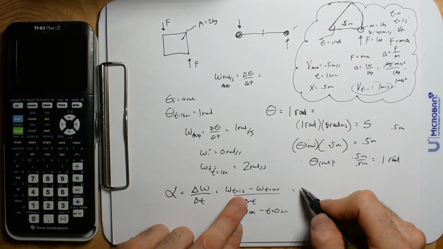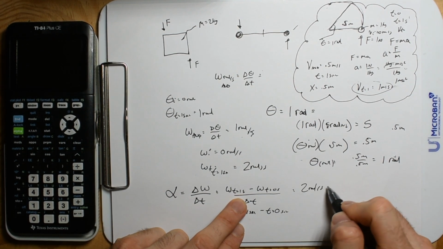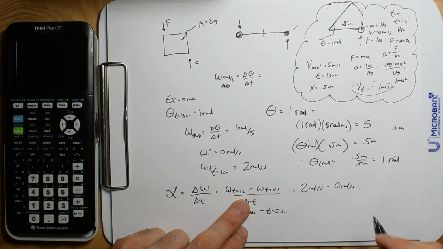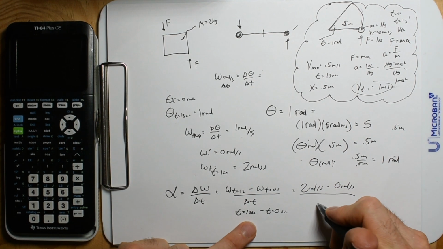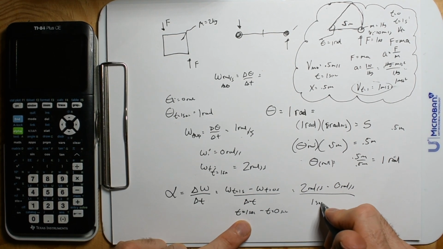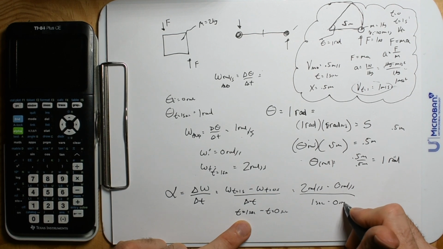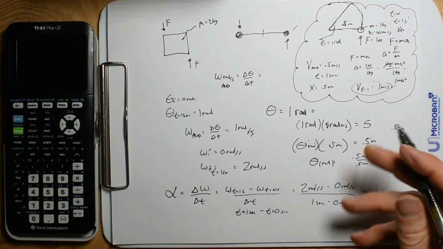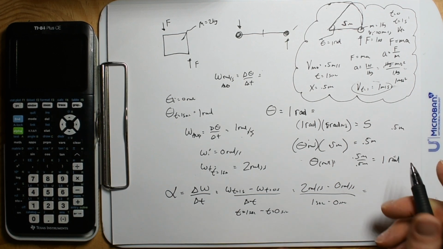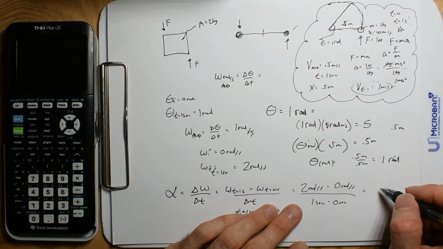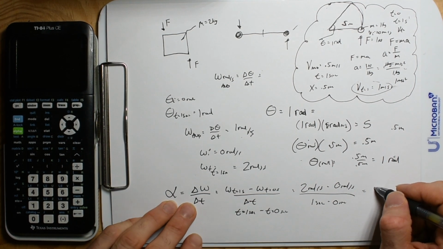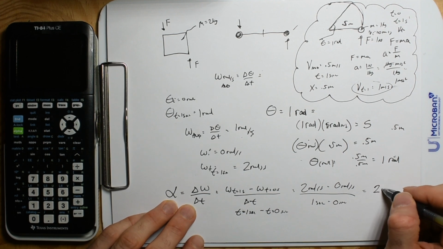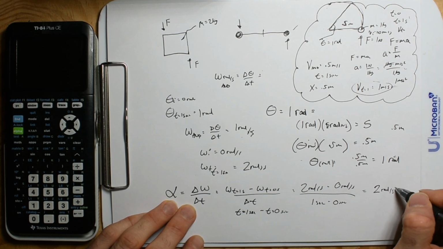So we have 2 radians per second minus 0 radians per second, divided by 1 second minus 0 seconds. I have to write sloppier because otherwise my thumb is going to fall off. Okay, so we have the angular acceleration of 2 radians per second squared.